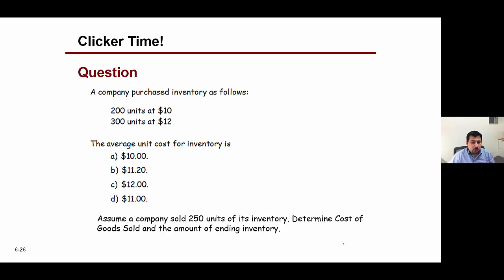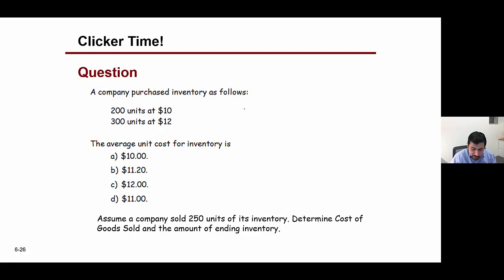Now for the average cost, the question is asking us to calculate the average unit cost for inventory. How do we calculate that? We need to calculate the total cost of goods available for sale, and divide it by the total number of units available for sale.